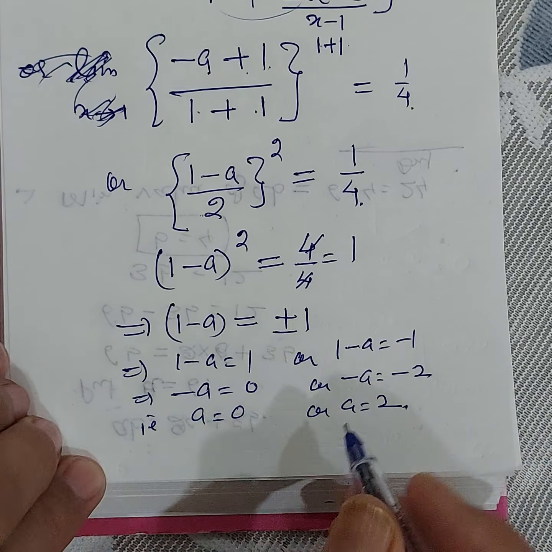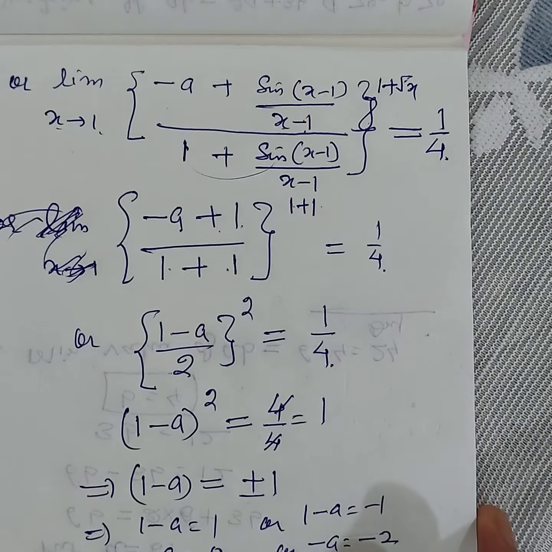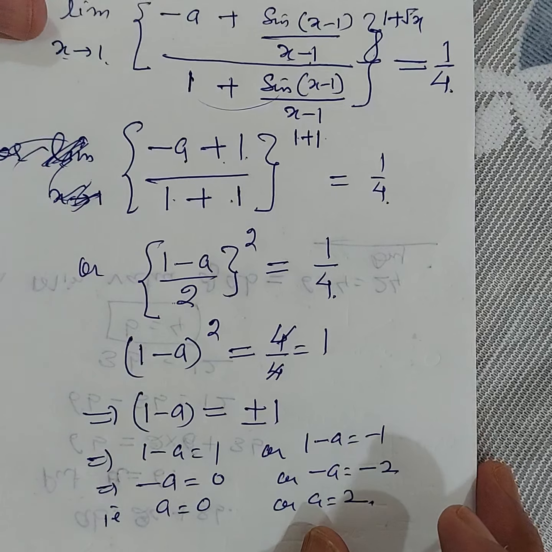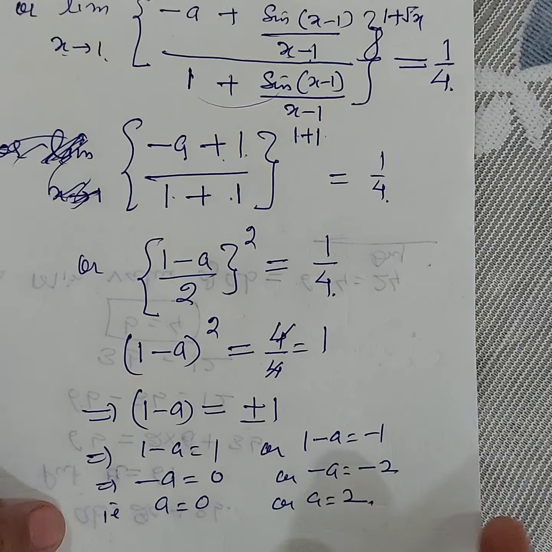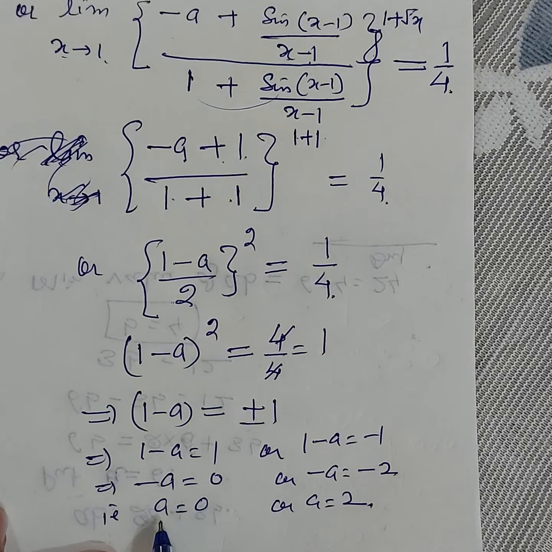Now here is something very interesting. The question asks for the largest value of the non-negative integer for which the limit is 1/4. Now we have two values.